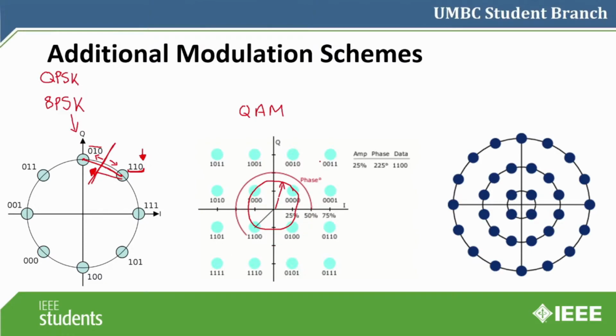And that gives us a lot more points, and we can actually transmit 4 bits at once instead. And then you also have APSK. And this is technically called 16 QAM because there's 16 points. You can see on the right here that we're changing both the amplitude and the phase.